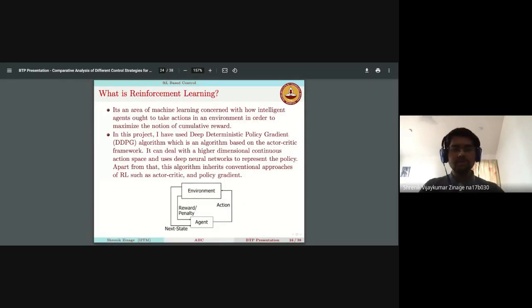Now talking about what RL is. RL is similar to data-driven control in the sense that it does not require an actual model. We don't need to know the actual dynamics. It's an area of machine learning concerned with how intelligent agents ought to take actions in an environment in order to maximize a particular reward.